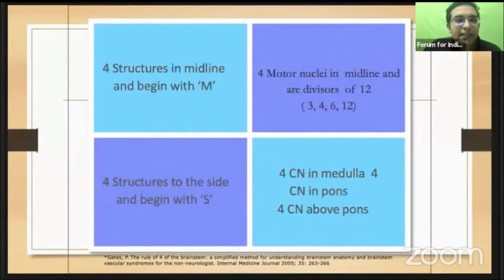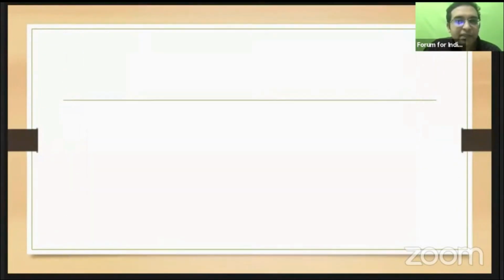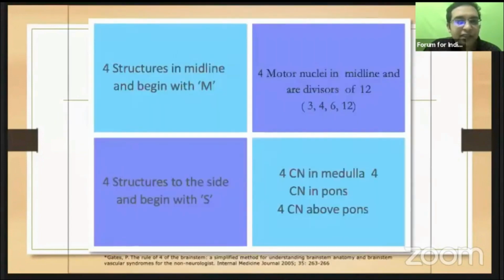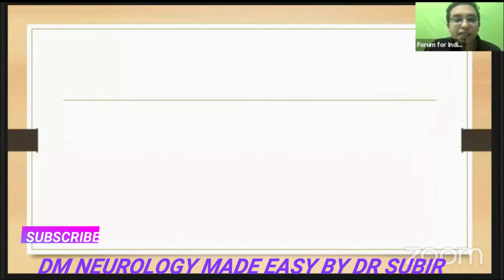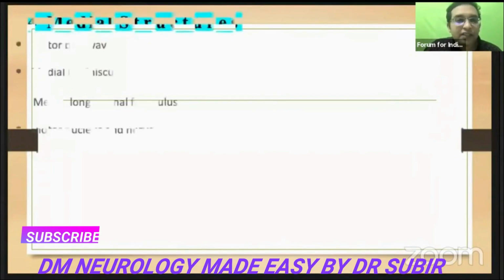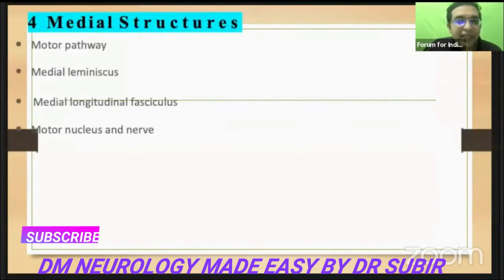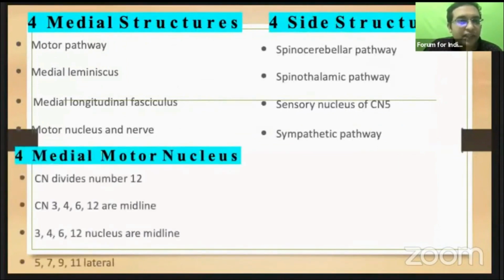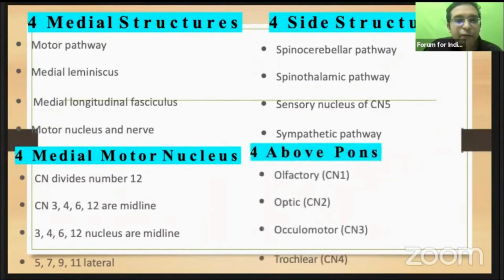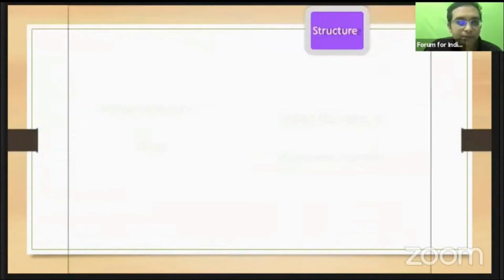We know that the midline structures start with M, the lateral sideways structures start with S, and the 4 nuclei that are divisors of the number 12 will be considered as medial nuclei. So medial structures, lateral or side structures, and the nuclei 3, 4, 6 and 12 will be in the midline, that are mainly motor nuclei, and 4 nuclei in the cranial nerves, 4 nuclei in the pons, and 4 nuclei above pons.